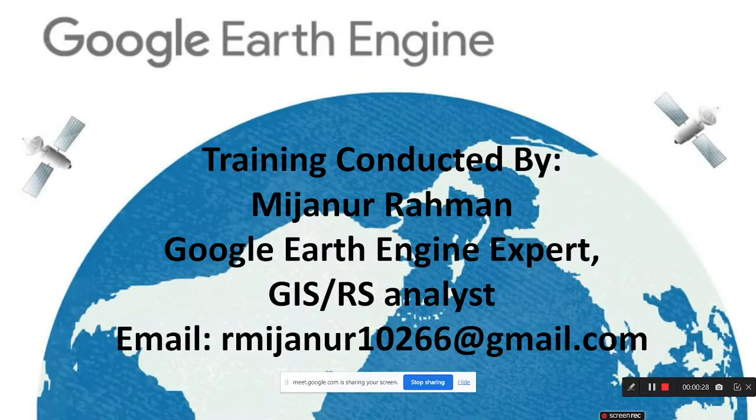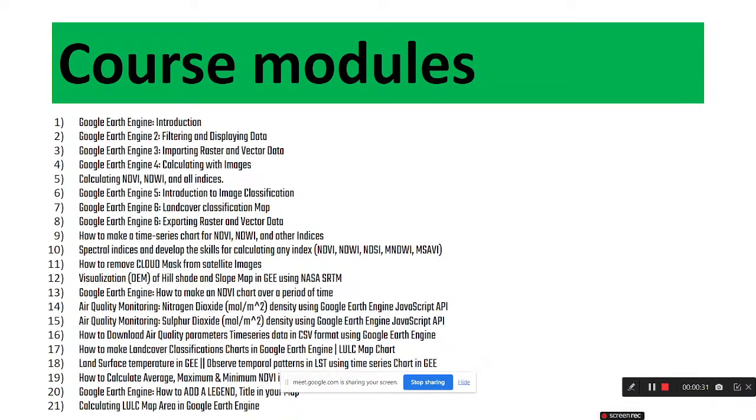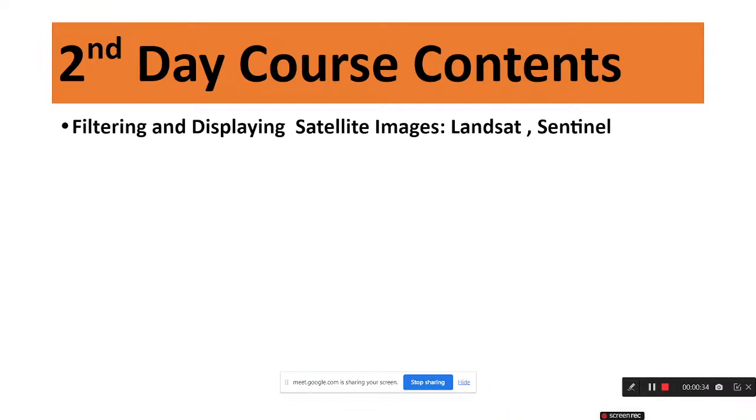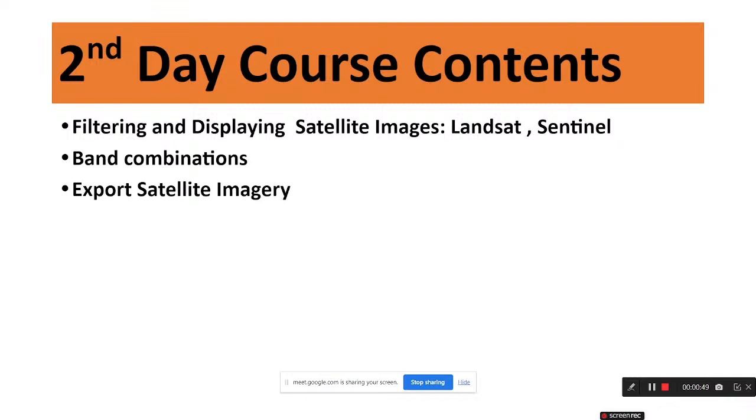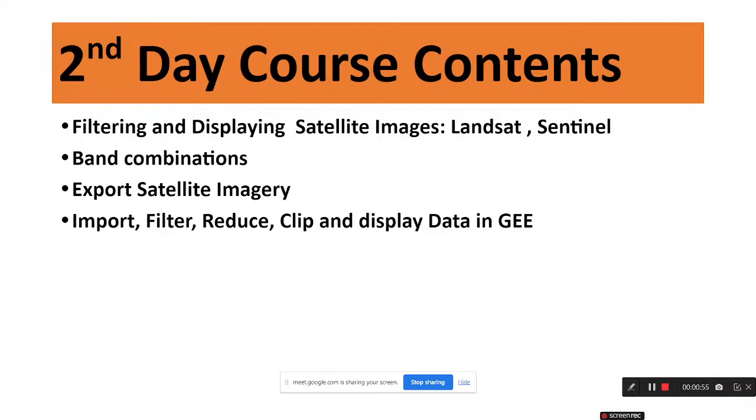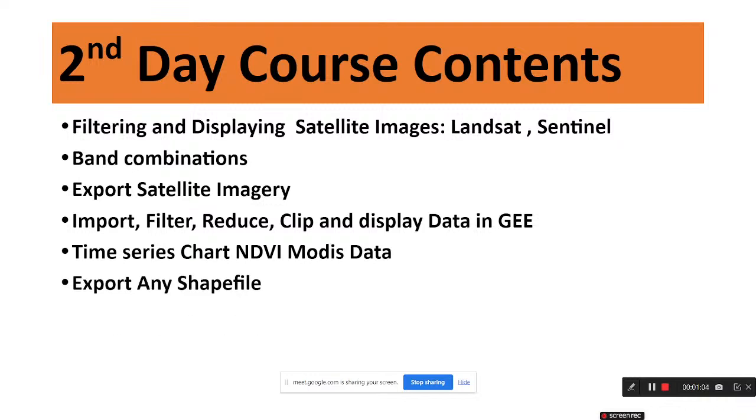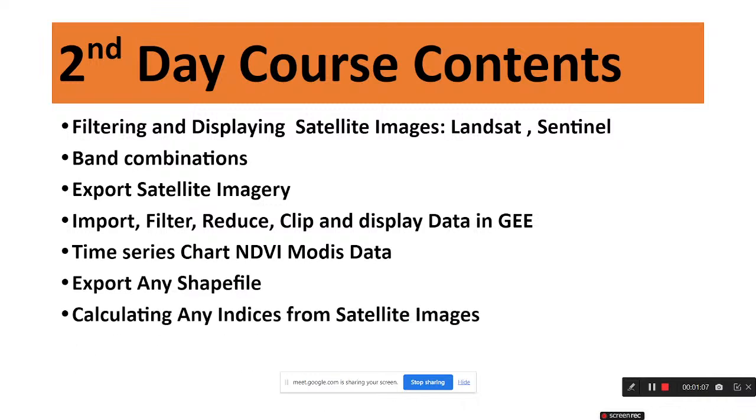So today is our second class, and today I will try to discuss how you can easily filter and display satellite images, mainly Landsat and Sentinel, and how you can make different types of band combinations using those satellite images, and then how you can export satellite images from the Google Earth Engine platform, and how you can import, filter, reduce, clip, and display the data in Google Earth Engine, and how to make the time series chart of NDVI over a period of time, and how to export any shapefile from Google Earth Engine, and how to calculate any indices from satellite images.